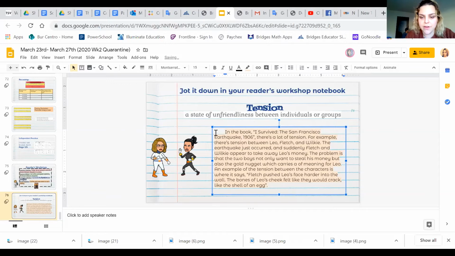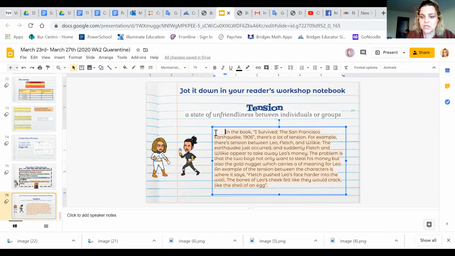So in the book, I Survived the San Francisco Earthquake 1906, there's a lot of tension. For example, there's tension between Leo, Fletch, and Wilkie. The earthquake just occurred and suddenly Fletch and Wilkie appear to take away Leo's money. The problem is that the two boys not only want to steal his money, but also the gold nugget, which carries a lot of meaning for Leo. An example of the tension between the characters is where it says, Fletch pushed Leo's face harder into the wall.